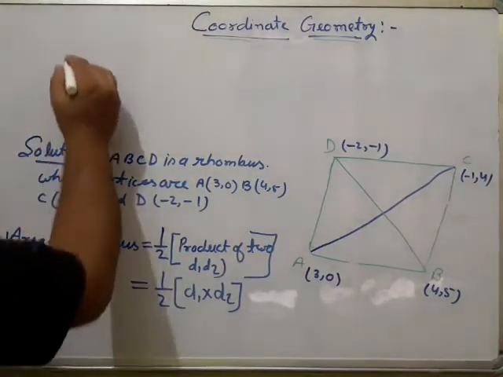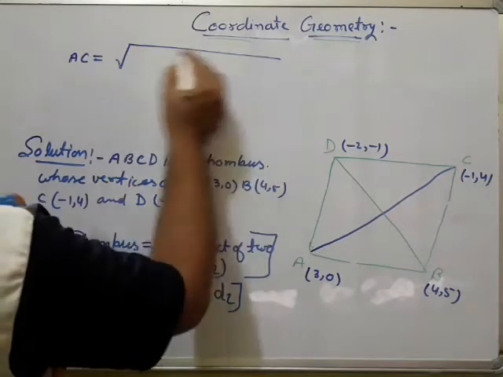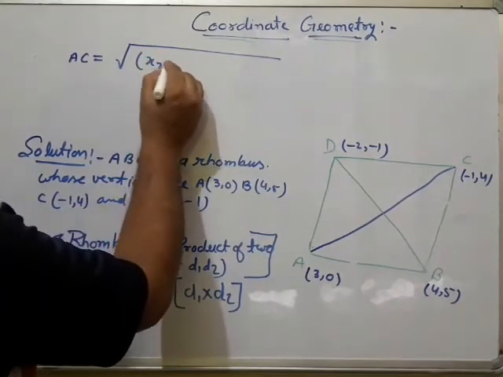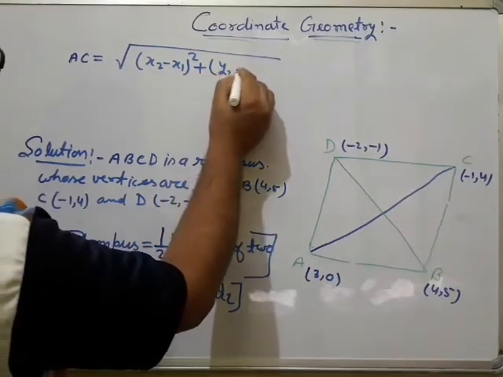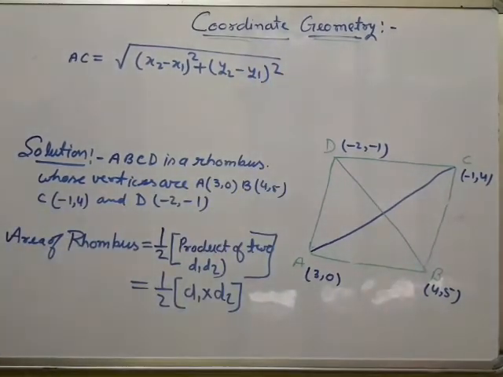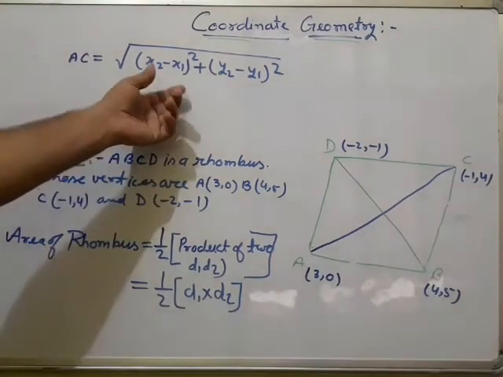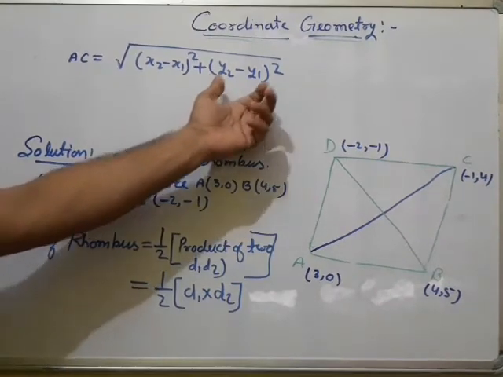So AC. Distance formula: x2 minus x1 whole square plus y2 minus y1 whole square. This is the difference of abscissas square and the difference of ordinates square.